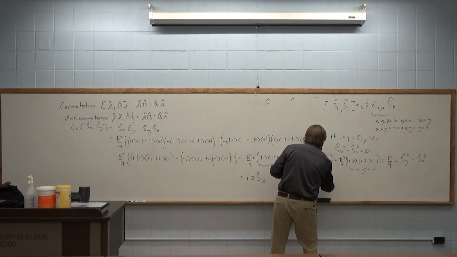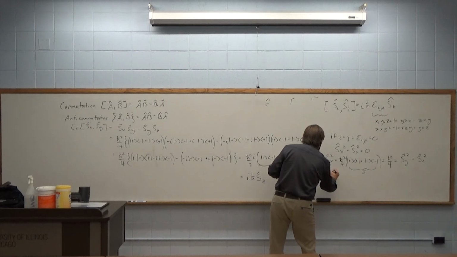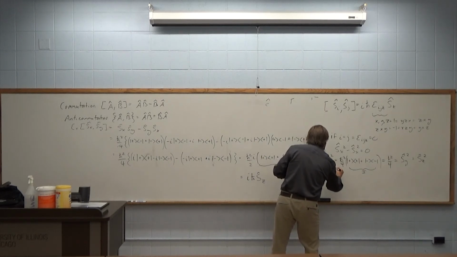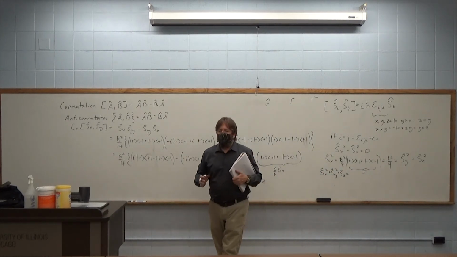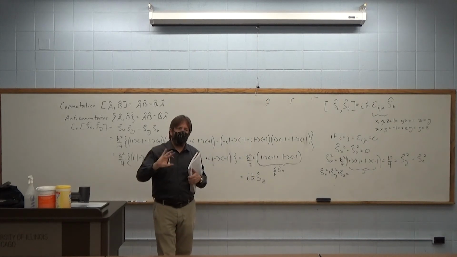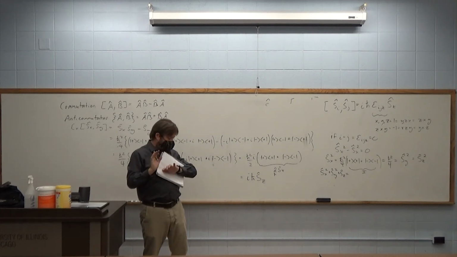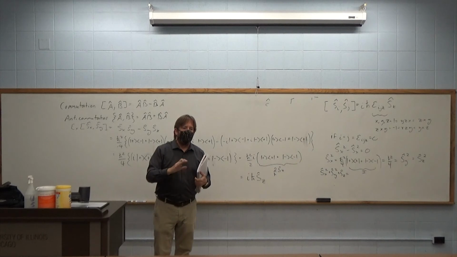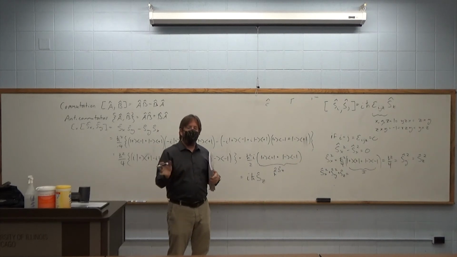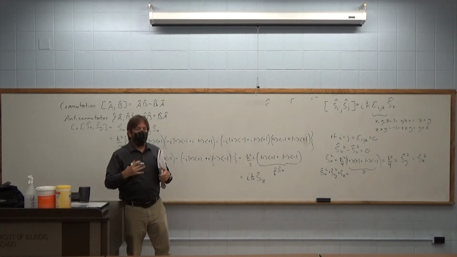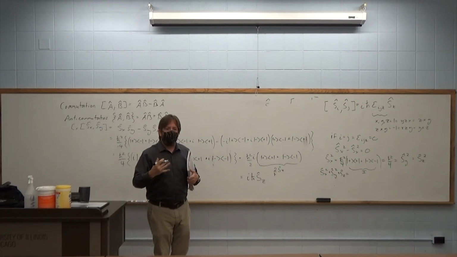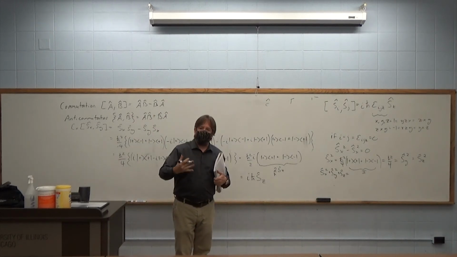Okay, my point being that if this is true, Sx squared plus Sy squared plus Sz squared. Well, hold on, let's look at this. Why am I writing Sx squared plus Sy squared plus Sz squared? Okay, let's go back to middle school. The length of a vector, the first thing you would do is say x squared plus y squared plus z squared.